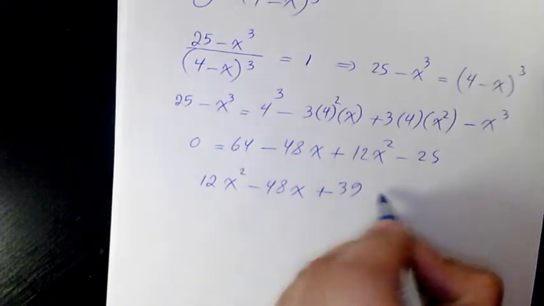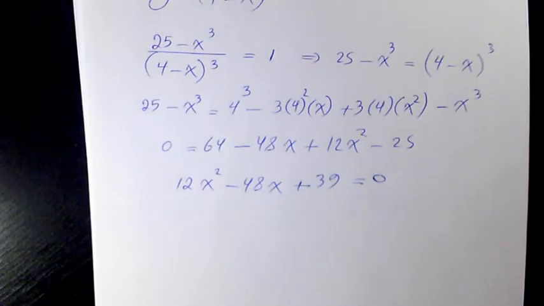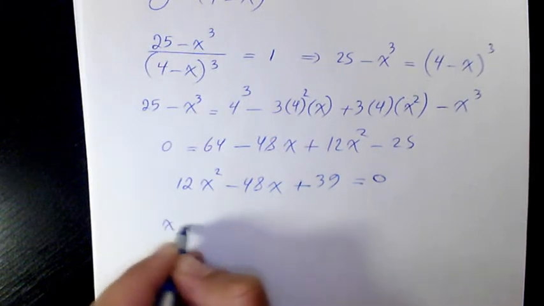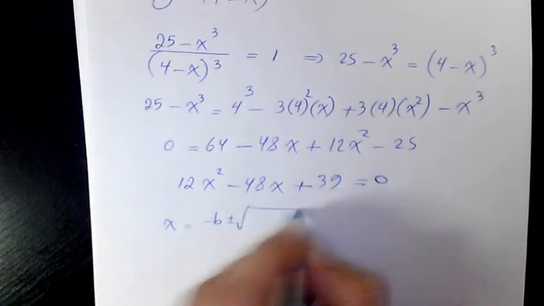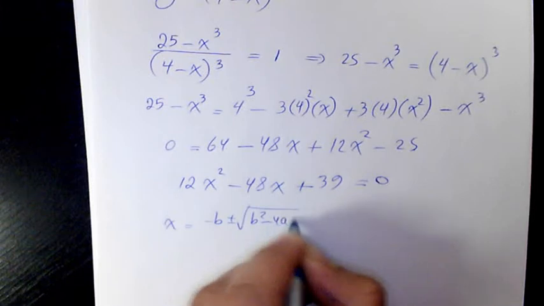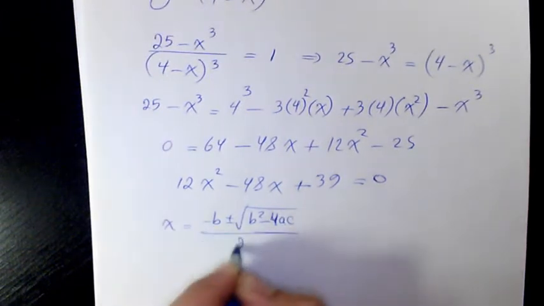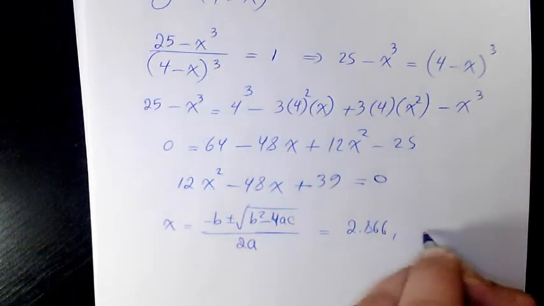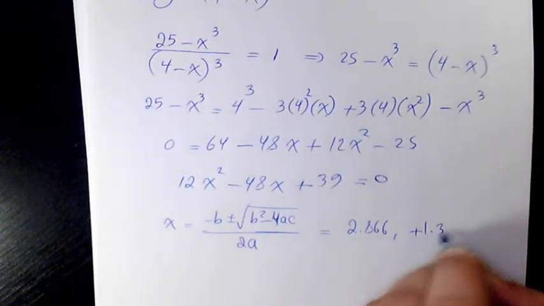Now I need to factor this one because that's going to be equal to 0. Or I can use the quadratic formula. When I use the quadratic formula, negative b plus or minus square root of b squared minus 4ac over 2a, it's going to give you 2.866 or positive 1.333.